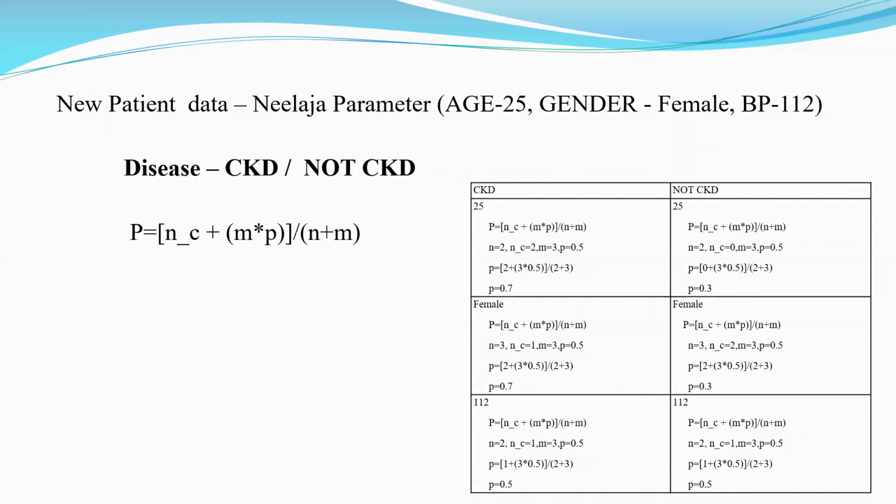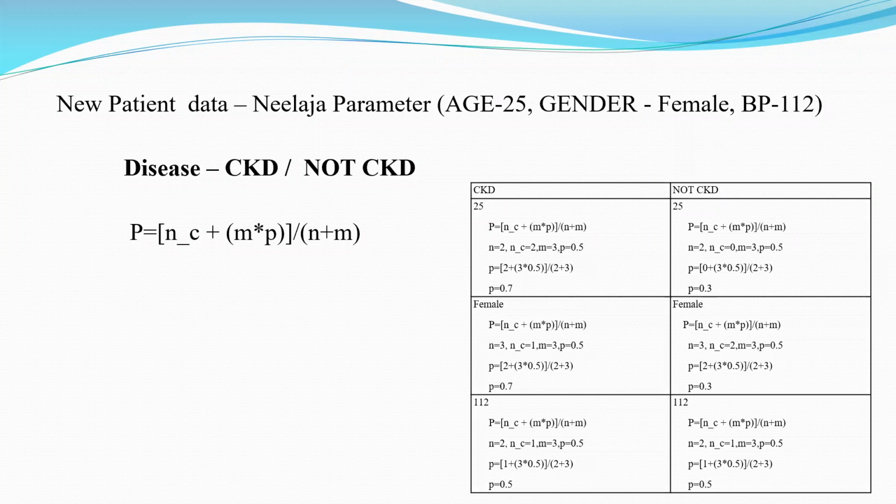Coming to the prediction of CKD, here we have considered the training data set where there are two patients having the age 25. So n is equal to 2. n_c is the number of records where age is equal to 25 and classified as yes, that is CKD. m is equal to 3, that is the number of parameters, and p is equal to 0.5, where m and p are the same for all the records.